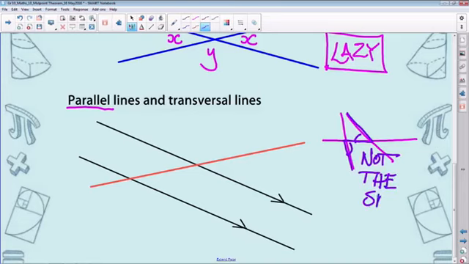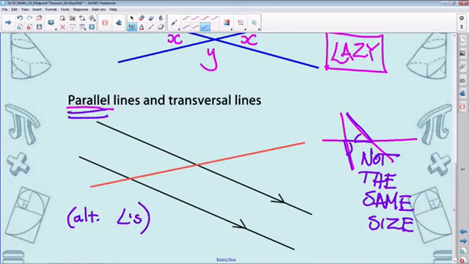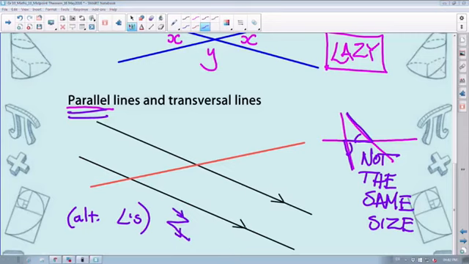And I wrote it in capital letters because I really want you to remember. It only ever works if the lines are parallel to each other. So in the parallel lines, we have alternate angles. And once again, we write it abbreviated, and that will form the Z shape or the N shape, however you want to describe it.